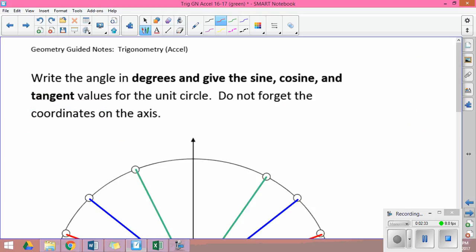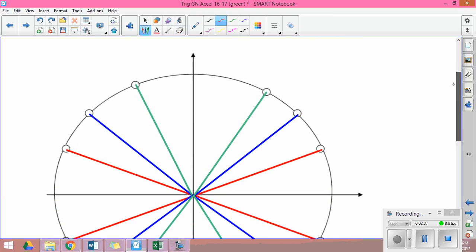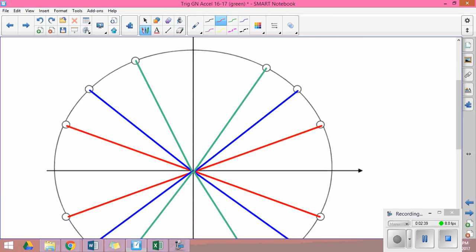So let's talk about this fancy thing called the unit circle. On a unit circle, let's talk the basics first. We are still talking about a coordinate system, but instead of talking x, y, we are going to talk cosine, sine. So our x values are cosine, and our y values are sine.